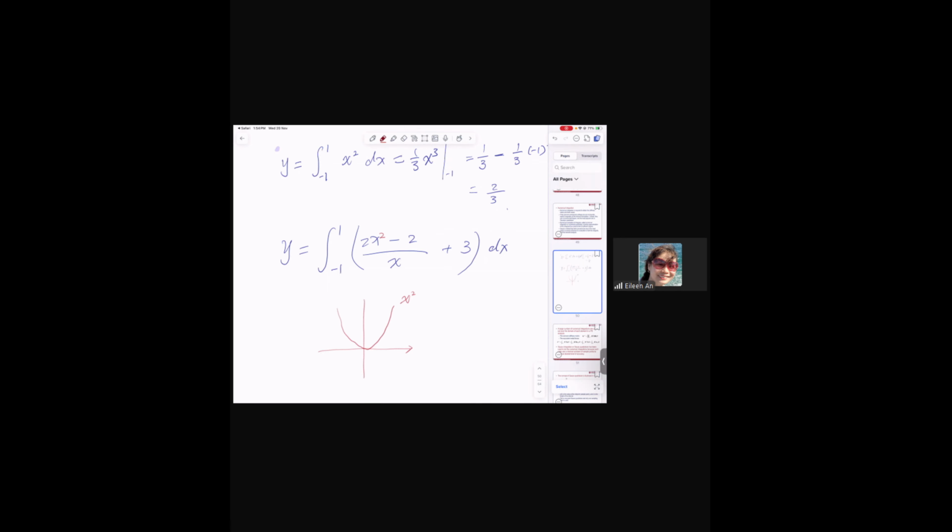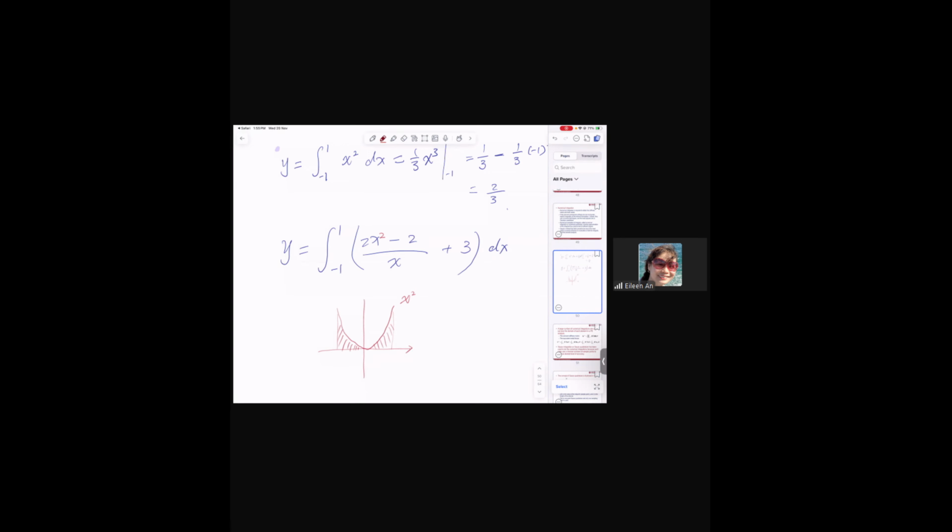The integration is actually the area made of the x-axis, the curve itself, and the boundary. So the boundary is 1 and minus 1, and the curve is x squared, and then this integration is actually the shaded area, right? Similarly for the second one, the same, right?